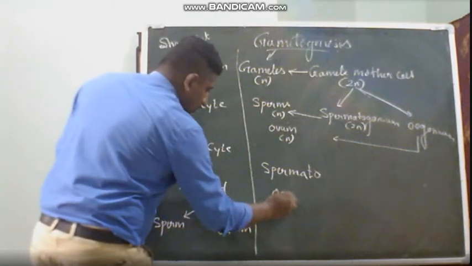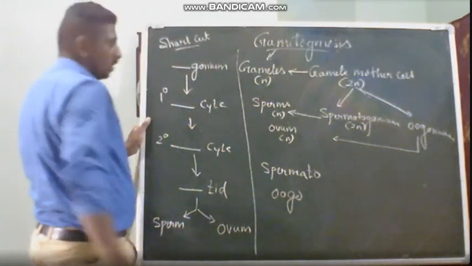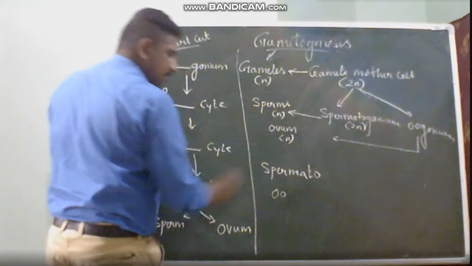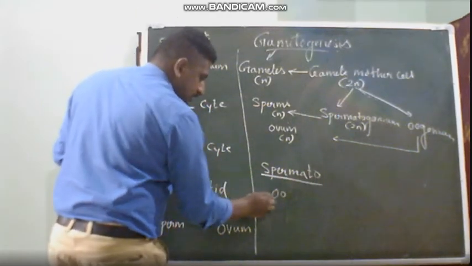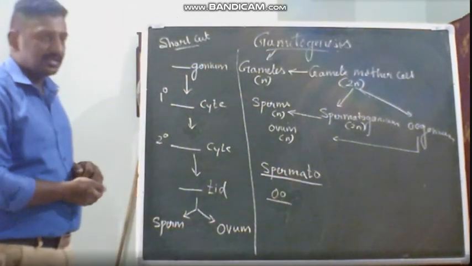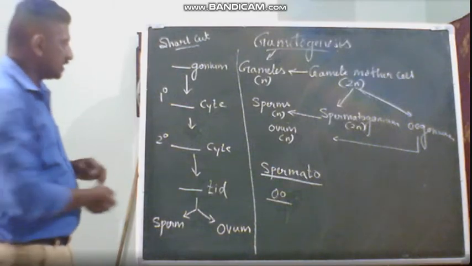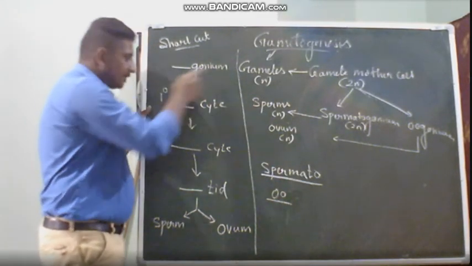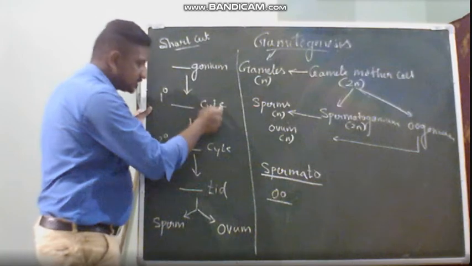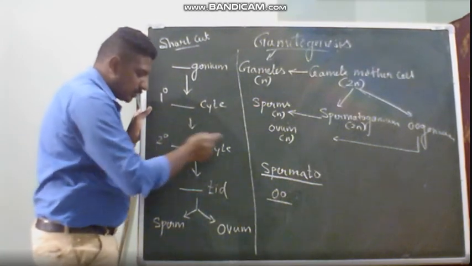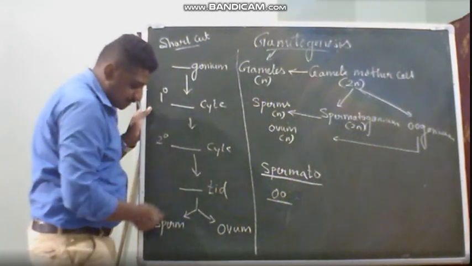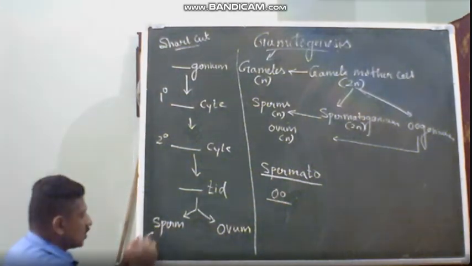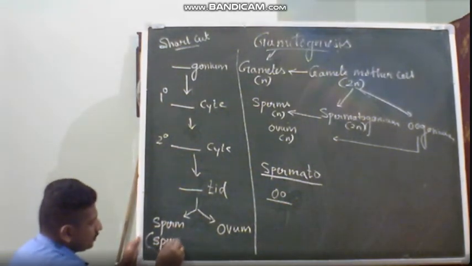Next, oogo, or just replace it by oo. One is spermato, the second is oo. So with this, how to go with the explanation? Spermatogonium, primary spermatocyte, secondary spermatocyte, spermatid, sperms or spermatozoa.